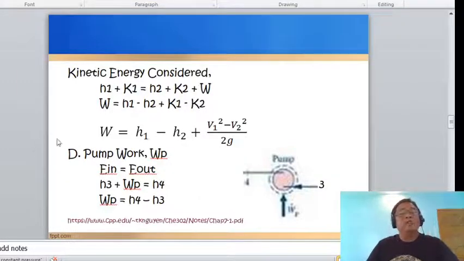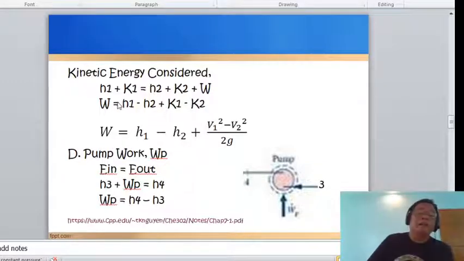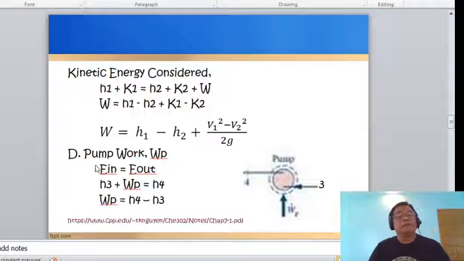And W sub P is the work for a pump to operate, and then equals the enthalpy at 4. The enthalpy at 4 is equal to the enthalpy of the liquid at the boiler pressure, unless otherwise specified.